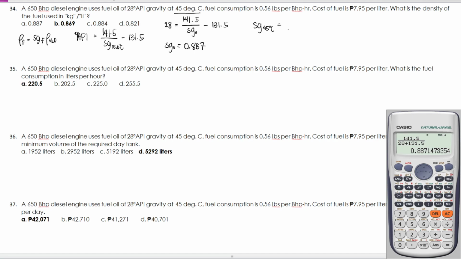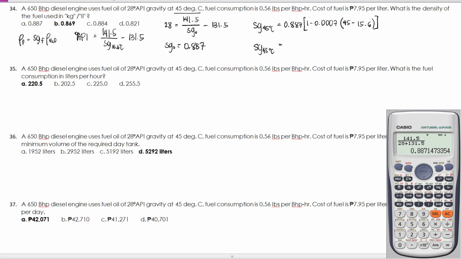So, ang gagawin lang natin dyan, yung SG at standard temperature which is 0.887, multiply lang natin sa correction factor na 1 minus 0.0007 for SI unit times change of temperature between the given temperature 45 and the standard temperature na 15.6. Ayan. So, SG at the given temperature of 45 degrees Celsius.